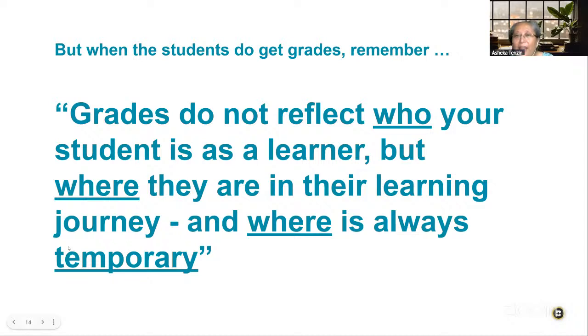The student can improve from that level to the next level. Okay, so the grades will not tell you who the student is as a learner, but it will just tell you where they are in their learning journey. And this journey is temporary. The student can improve in their assessment grades.